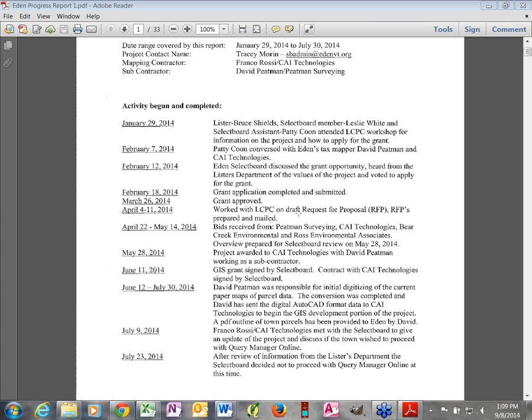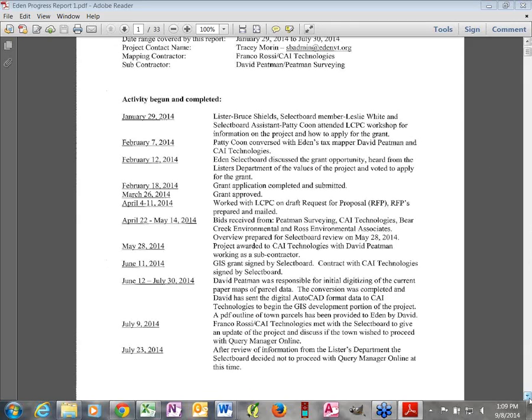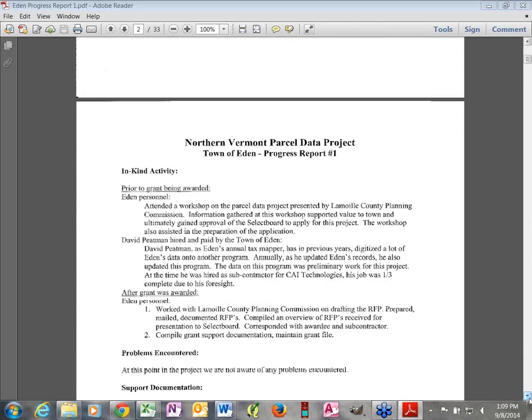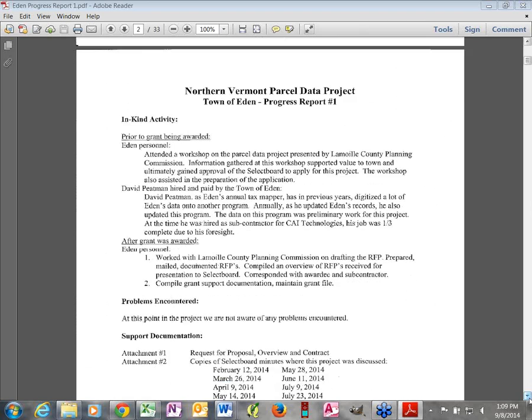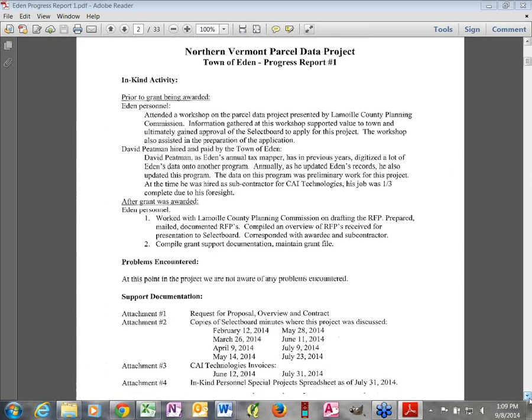And then, as you can see, this talks about what they did as town people. David Peatman, they have a slightly complicated situation in that there's a surveyor who's subcontracting with the mapping contractor. So she mentions what he worked on, and then what CAI worked on, and then she moved into talking about what the in-kind activity was.